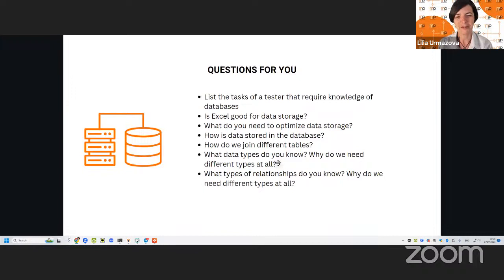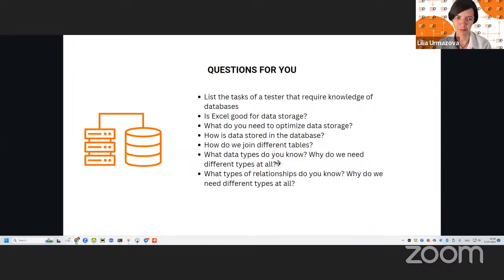But if you have a relational database, you have this last name in only one place. So you should just go to this one place and change this last name. And everything will be changed automatically.